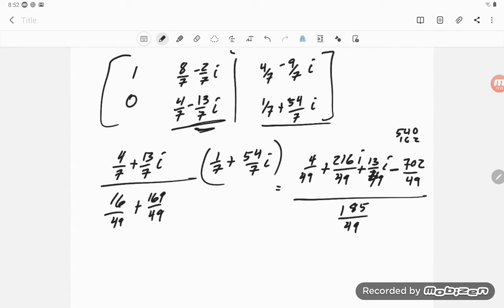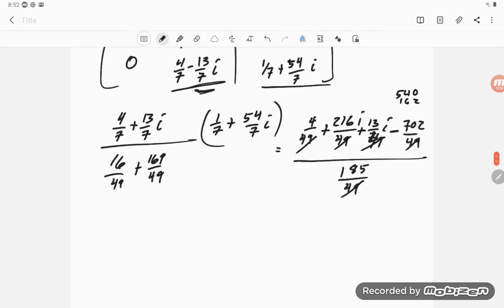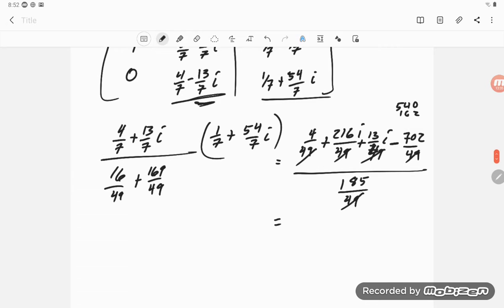Now, the nice part is, when I invert and multiply, all the 49s go away, and so this is equal to minus 698 over, well, I'll wait to do the over 185, and then 216 and 13 is 229, so plus 229i, all over 185.